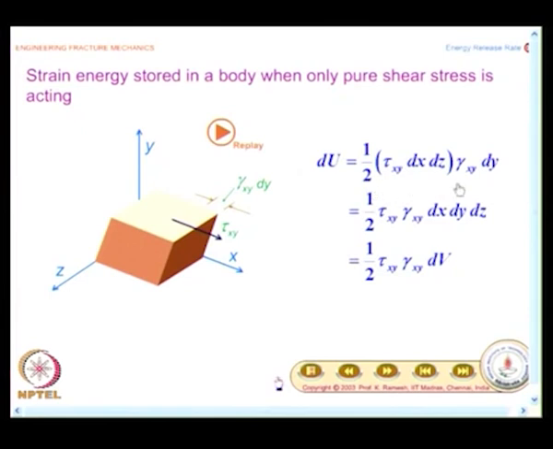And the factor 1/2 comes because the stress magnitude is applied gradually, it varies from 0 to the final magnitude tau xy gradually. And here again you find the incremental strain energy stored in the element is 1/2 of tau xy gamma xy dV. So, this is per volume that you are actually calculating it.